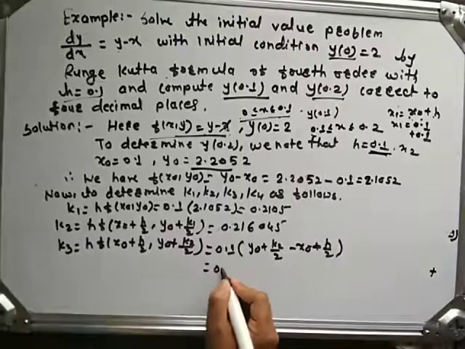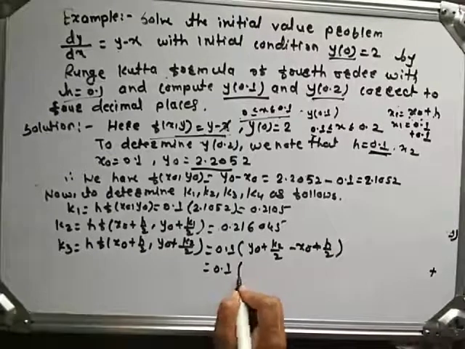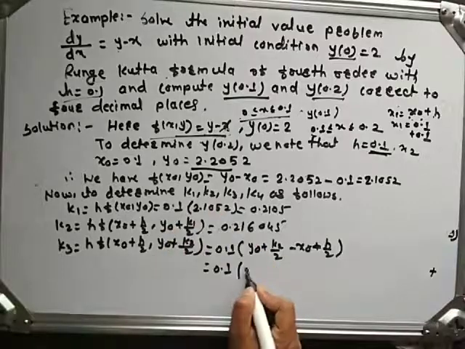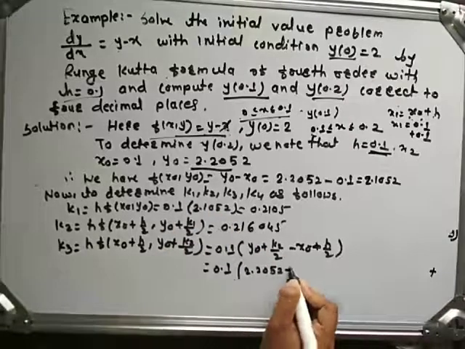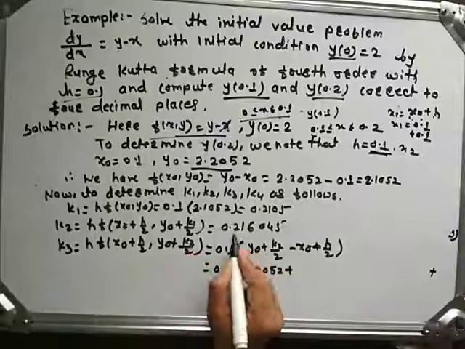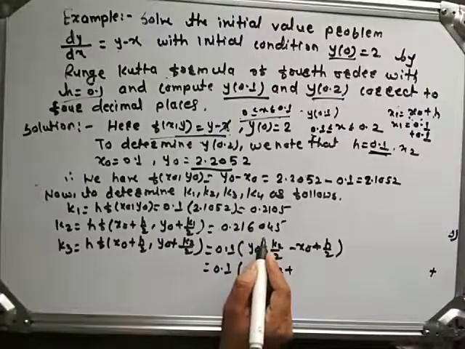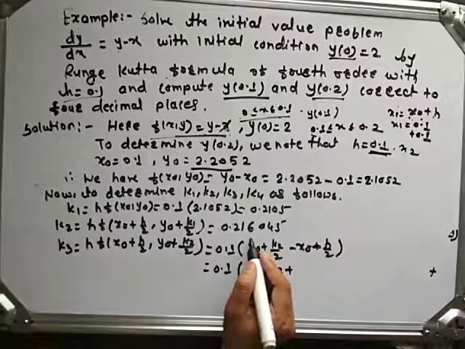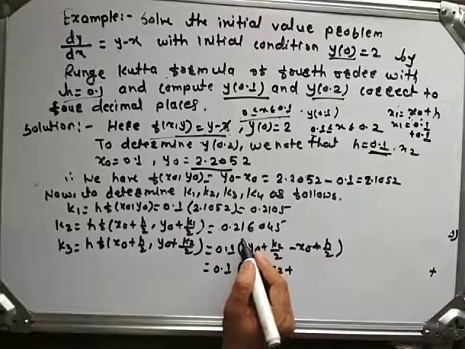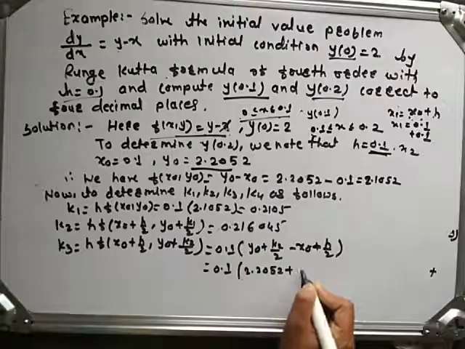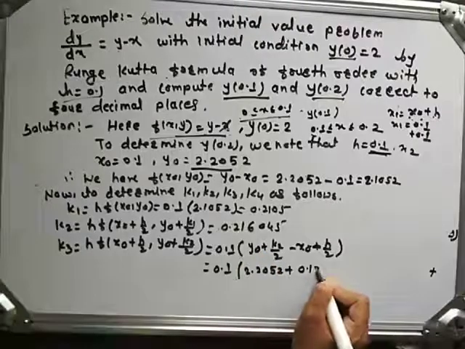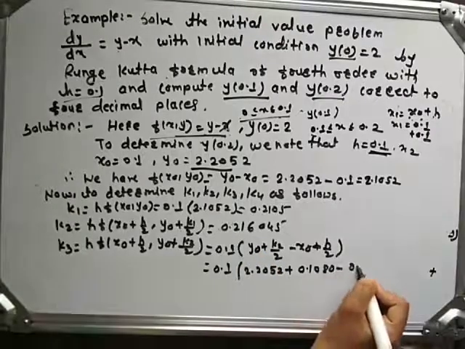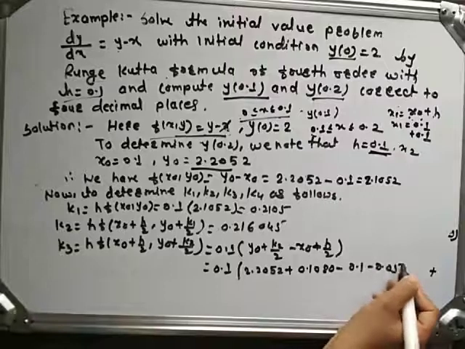This is equal to 0.1 into y0, which is 2.2052, plus k2 upon 2, which is 0.1080, minus 0.1 minus 0.05.